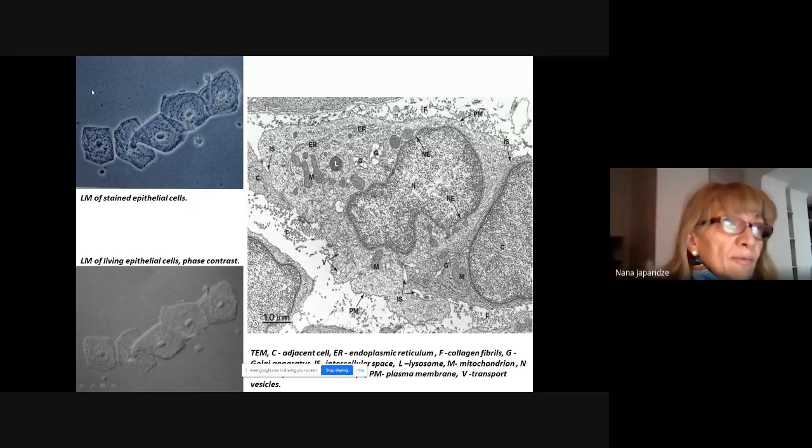For example, with the same epithelial tissue which is given here, this one is fixed, this one is stained, and this one is sectioned. This one is not sectioned.